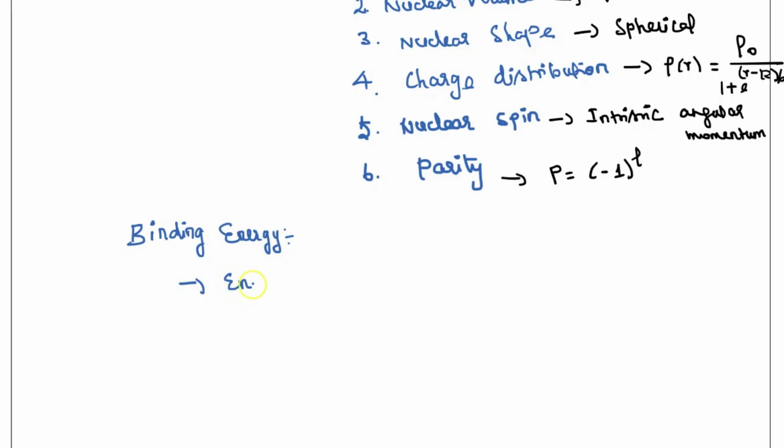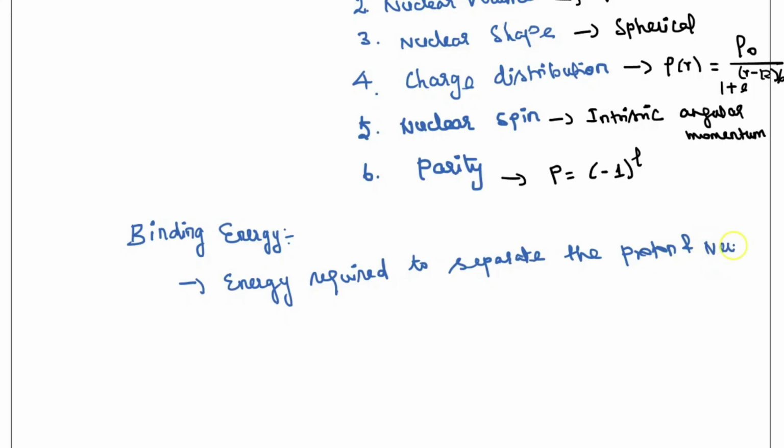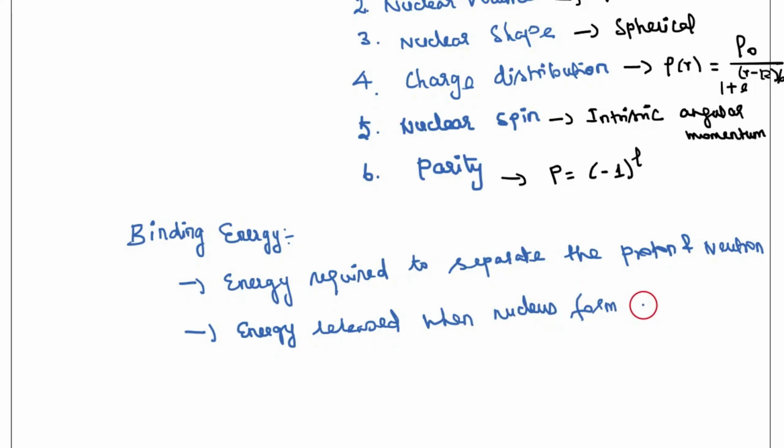So the energy required to separate the proton and neutron. Then similarly, energy released when the nucleus forms from nucleons, that is proton and neutron.